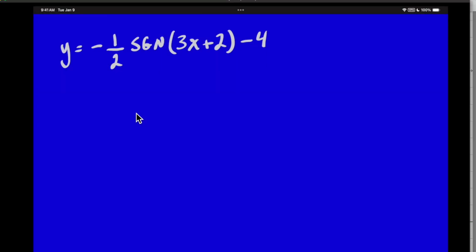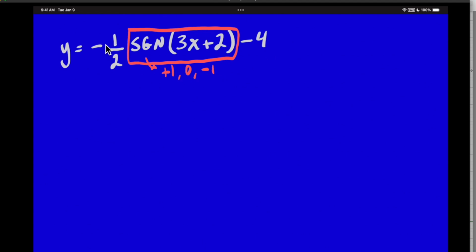This next and final example, we see a lot going on here. We see a function within the parentheses that we're going to have to deal with, and we see two neighbors. We have the -1/2 out in front and the -4 in the rear. Folks, we know that this rectangular box is going to yield one of 3 outputs, +1, 0, or -1.